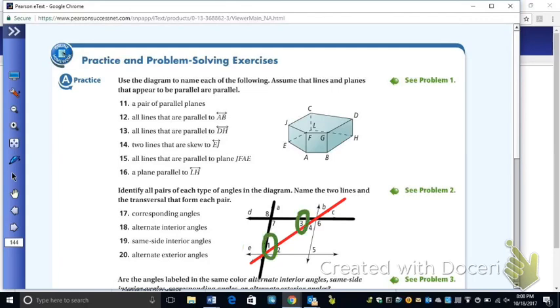So if we look at 1, 1 and 3 there are also same side interior angles, which also means that 2 and 4 are same side interior angles. So we got a bunch of same side interior angles. Lots and lots of them.